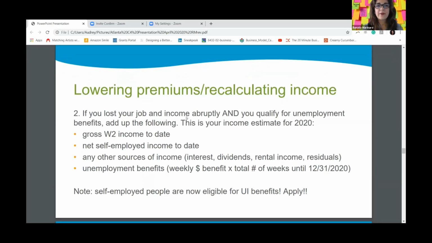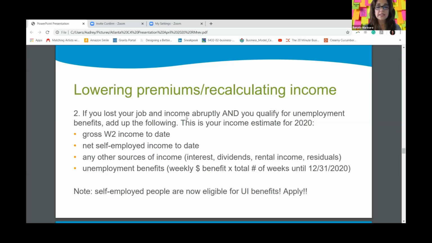However, if in 2018 and 2019, like most people, you are not having such a great year right now, then you will want to estimate your income differently. If you lost your job and income abruptly, and you qualify for unemployment benefits, you're going to add up the following.